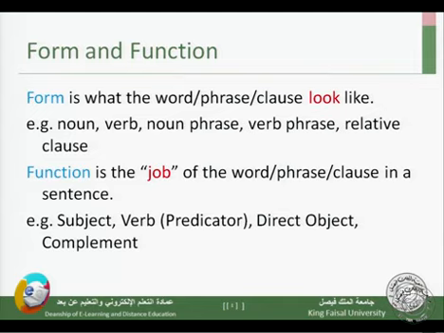So to make things simple, we don't use predicator, we use verb for both the form and function. But we can also use predicator to indicate the function that the verb does in the clause. Other names of functions are direct object, which we discussed previously, and complement, which we're going to discuss in this lecture, inshallah. So form is what the word or the phrase or the clause looks like, and function is the job of the word, phrase or clause.